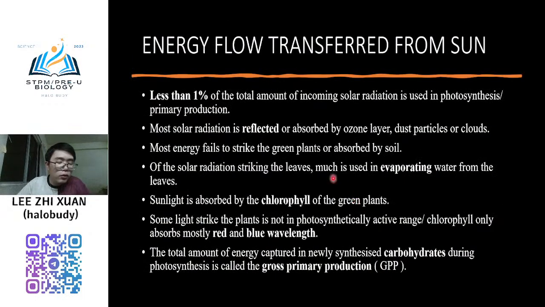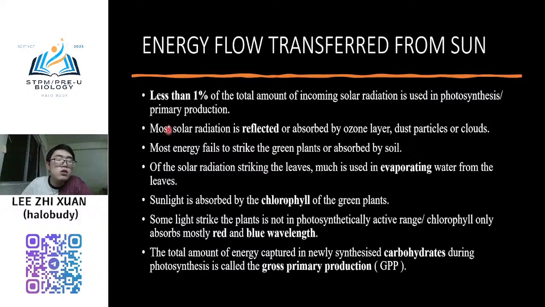Okay, now we will proceed to the energy flow transfer from the sun. Actually, I already mentioned some of this part, so I will explain it very fast. From the sun, we already know the sun is the initial energy for our life. I already mentioned that less than 1% of the solar energy is used in photosynthesis, and the plant can absorb only 1% of solar energy.